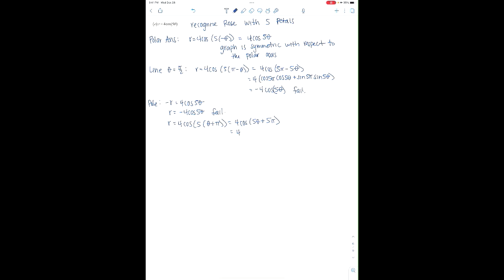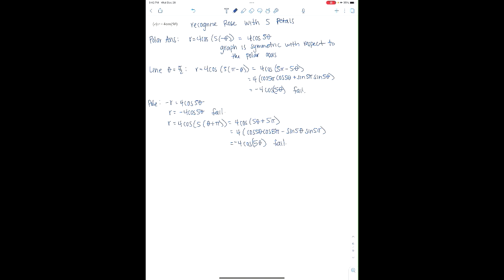Trig identities: 4 times cosine 5 theta cosine 5 pi minus sine 5 theta sine 5 pi. We've got negative 4 cosine 5 theta. So that's another fail, so it might not be symmetric with respect to the pole.